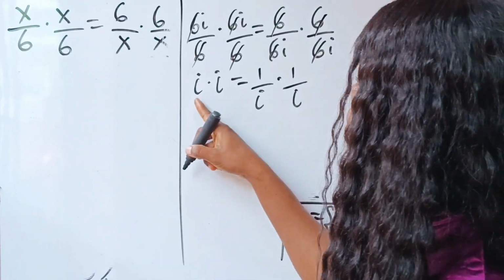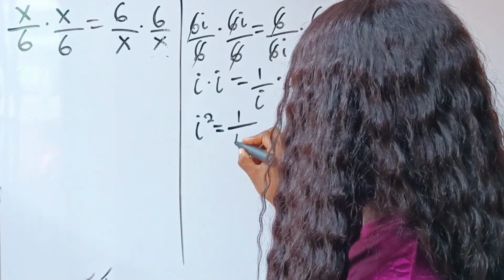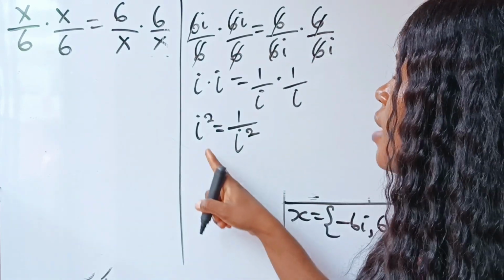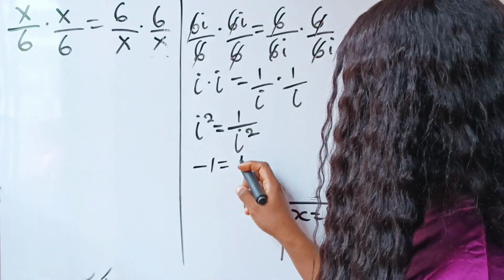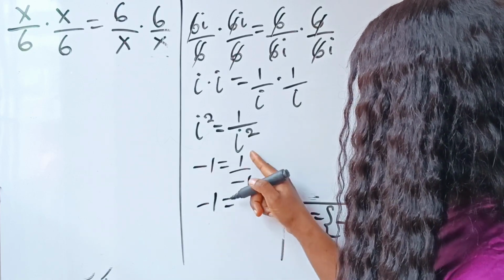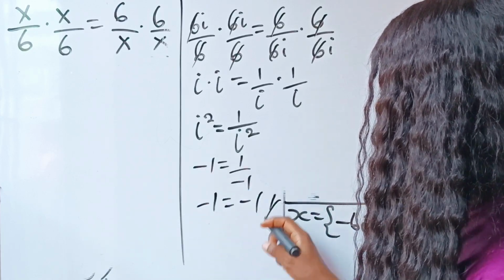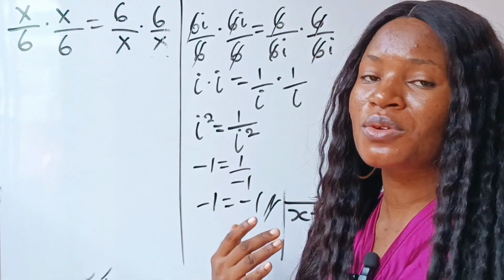So i times i will give us i squared is equal to 1 over i squared. Now i squared is equal to minus 1, so we have minus 1 is equal to 1 over minus 1, and 1 divided by minus 1 is also minus 1. So you can see that the left hand side is also equal to the right hand side.